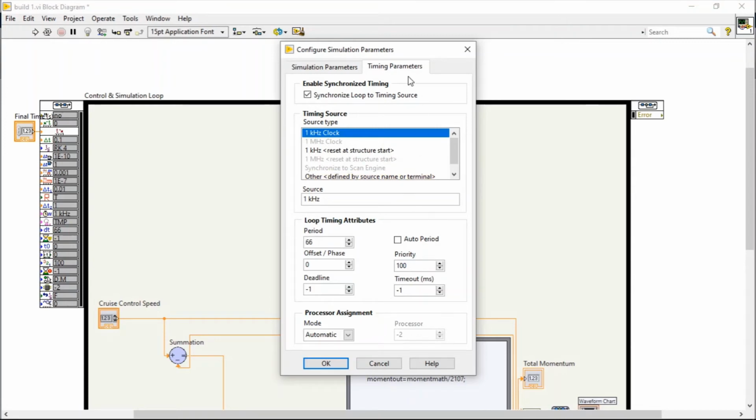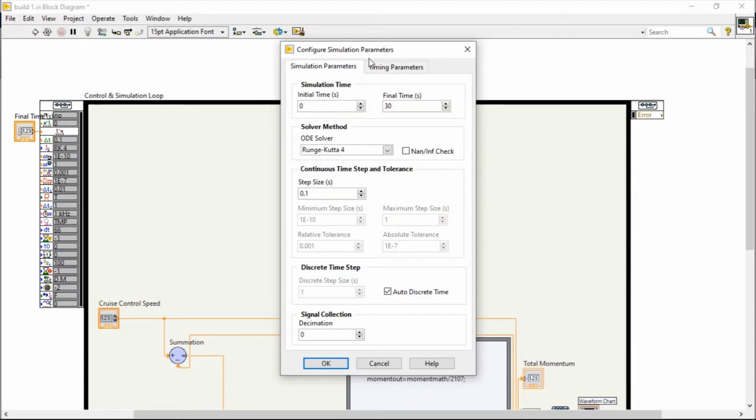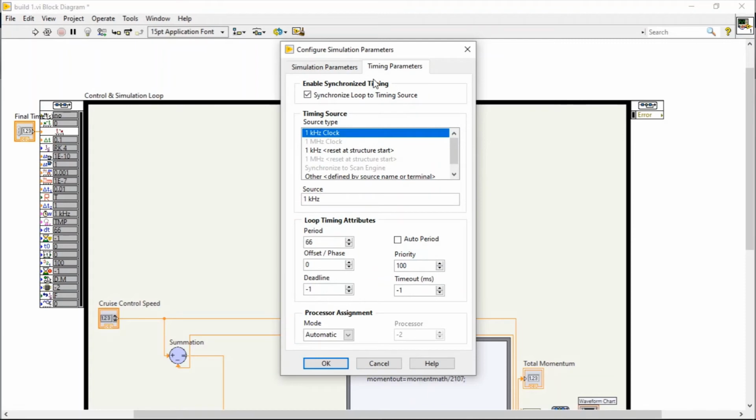And while I have this open, I'll talk about it too. To get this to slow down and be as close to 1-to-1 with real world time as I could, normally this is unchecked, and what I wanted to do is bring it into the timing source and pull up a 1 kilohertz clock. You would think that the math would work on this, but unfortunately it's off by just a little bit.